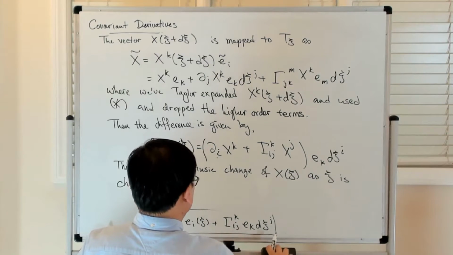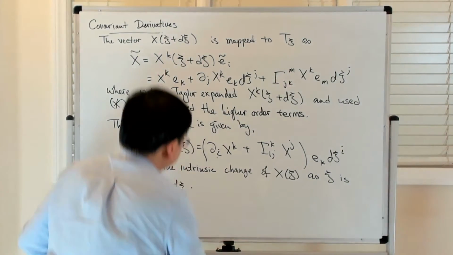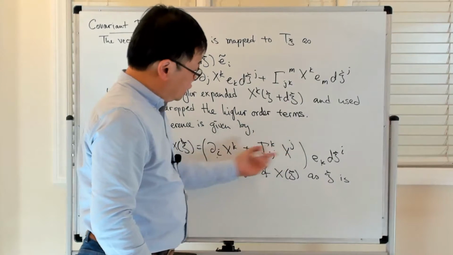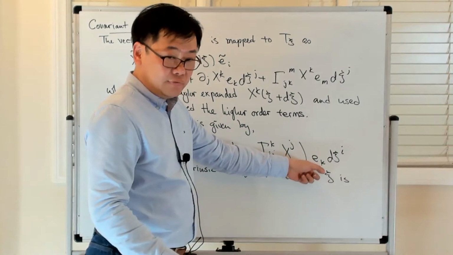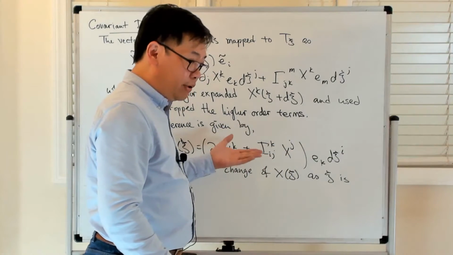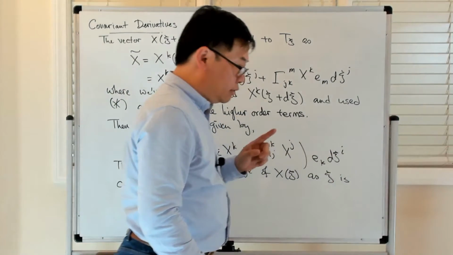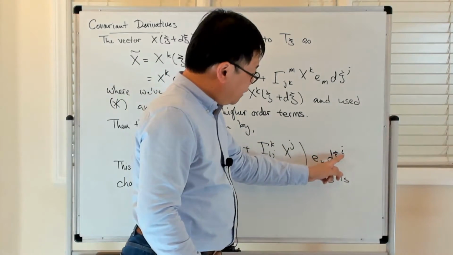This is the coefficient and then this is the basis vector. So for a fixed k, that's the k-th component of this vector. And this is telling you, as you change, the i-th component.